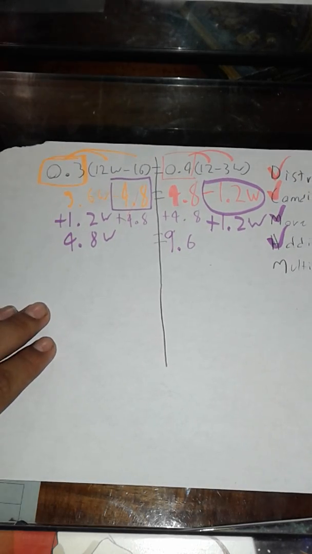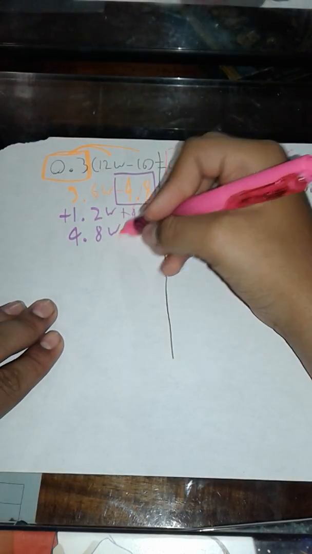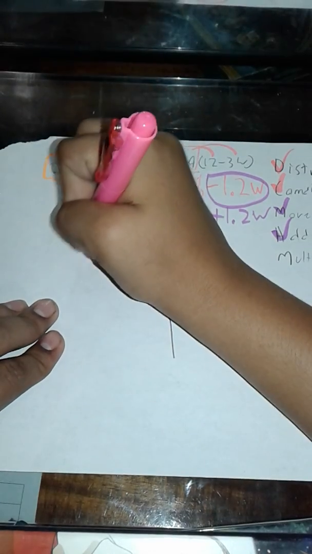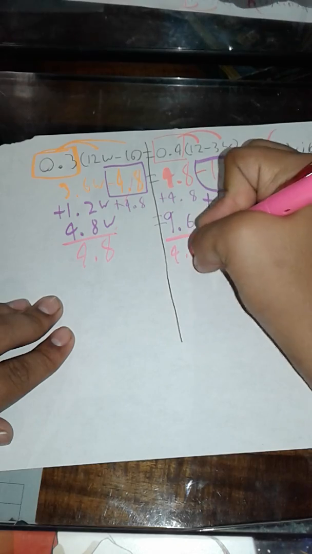Now we multiply and divide to leave the variable by itself. So we will divide both sides by 4.8 so that the w stays by itself.